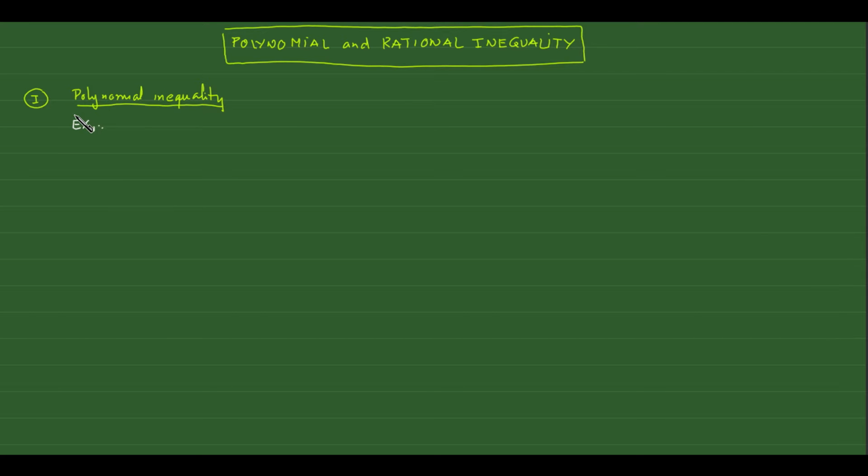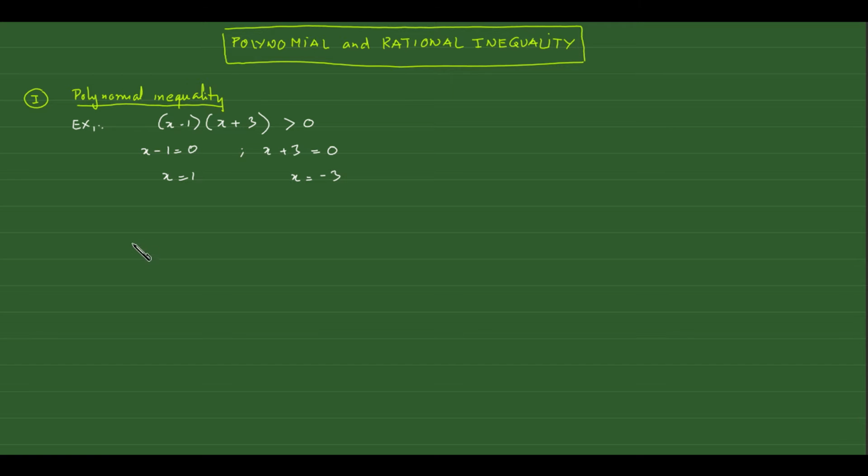I have x minus 1 times x plus 3, and I put this is greater than 0. Okay, so this is a polynomial. When you distribute them, it will give you the quadratic, right? Okay, so if I use the zero product property to solve for this, then we have two values, 1 and minus 3.